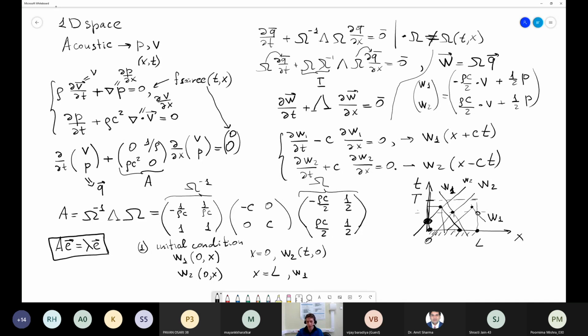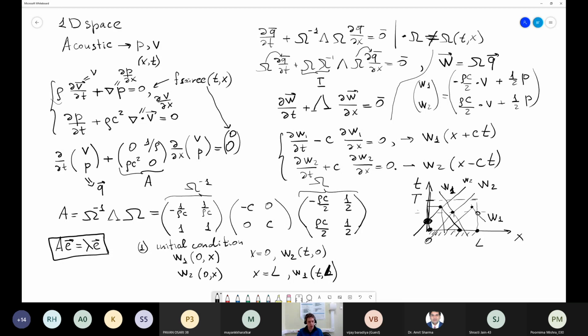This component is commonly called the Riemann invariant, as a function of t at x equal to L capital. Great. So we have to specify our equation.